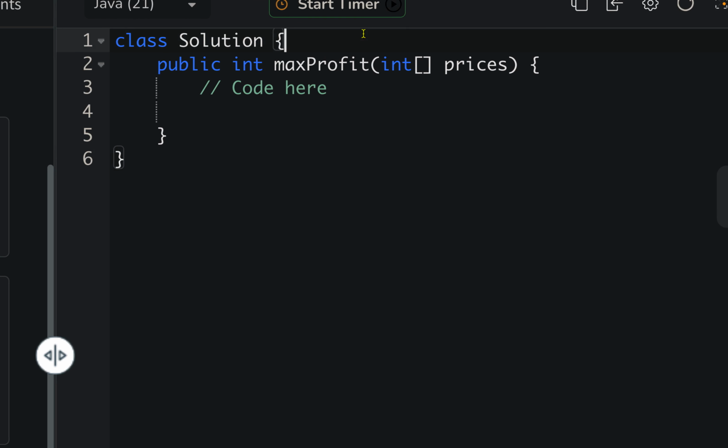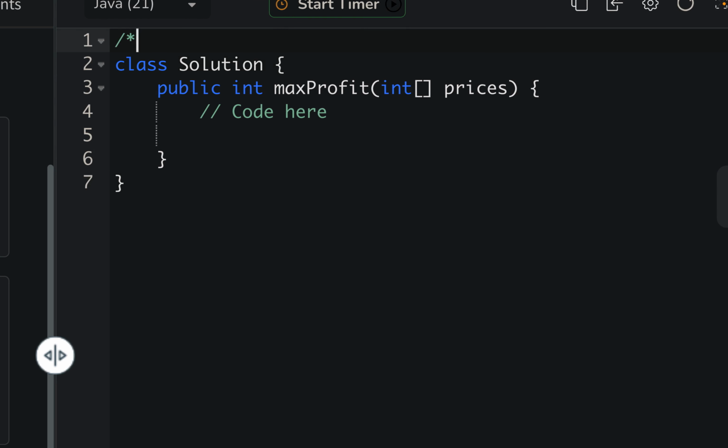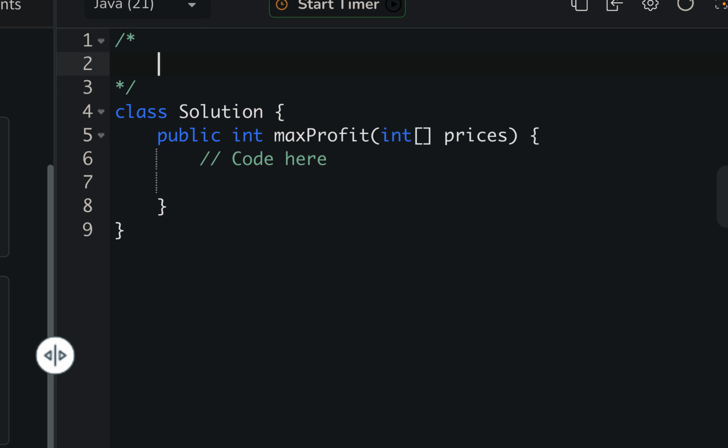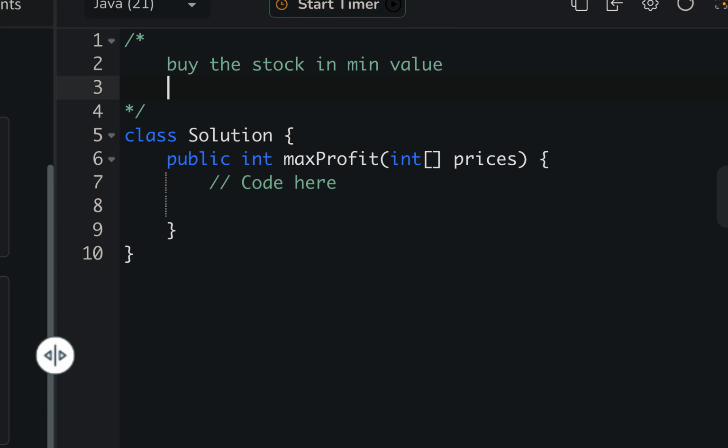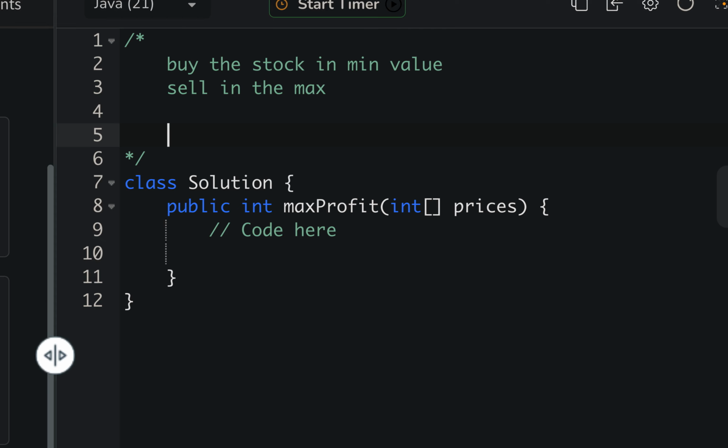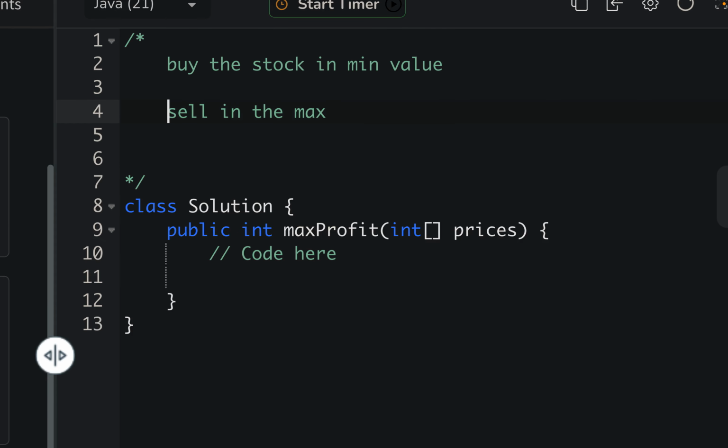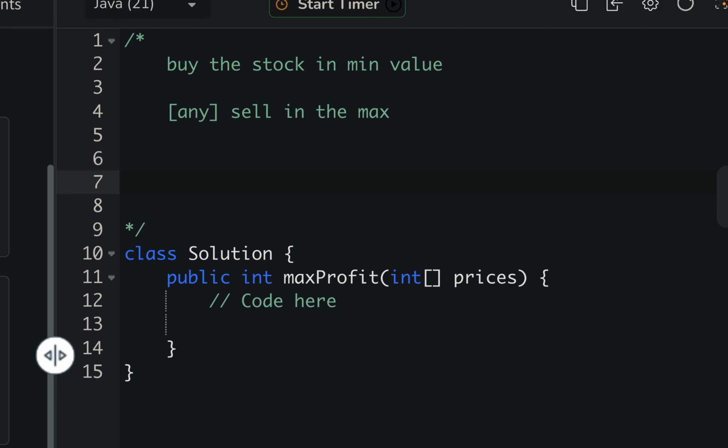The idea behind this problem is to buy the stock at the minimum value and sell at the maximum. Selling is subjective, so any sell can be a maximum, but the buy needs to be a minimum.